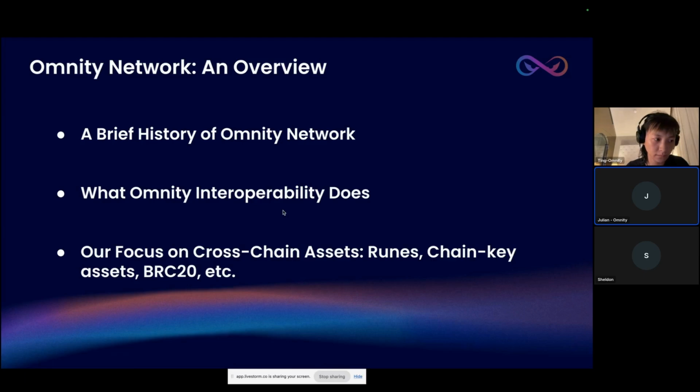This is what the team will demonstrate in today's workshop. Currently, our core chain assets include Runes and Chain Key assets, for example ckBTC, ckERC20. We are also developing support for BRC20.